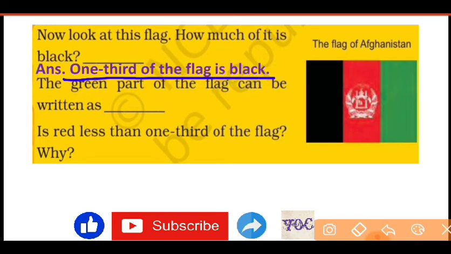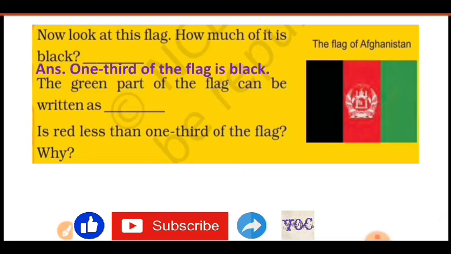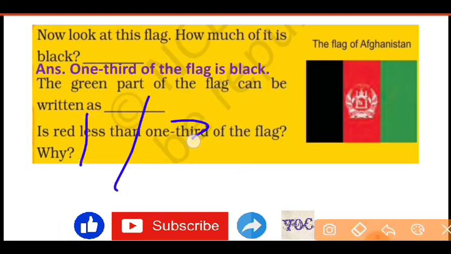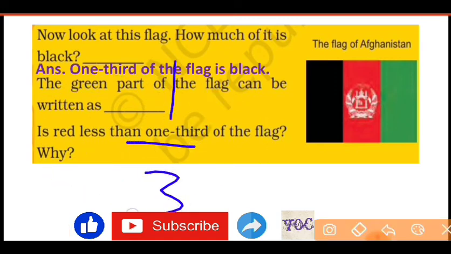Okay, next, number 2. The green part of the flag can be written as, this green part you can write as what part? Is it half? No. It is again 1/3. You can write 1/3 like this also.